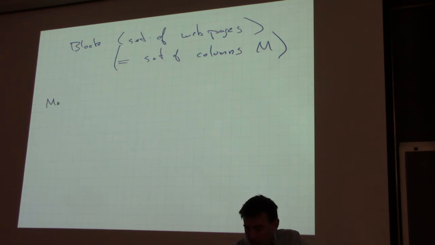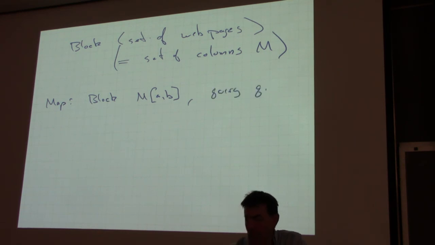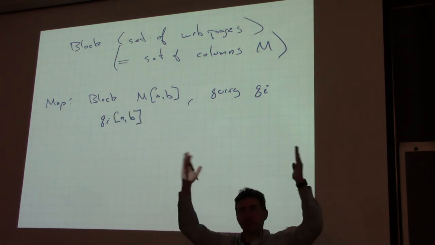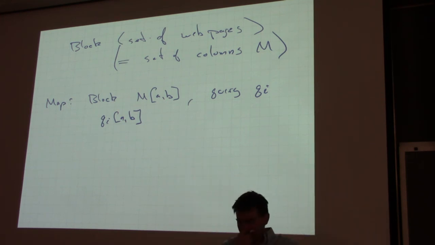So in map, I'm going to have a block which is going to have M from columns A to B, and I'm going to have the query described by the whole vector q_i. Okay, so first I restrict q_i to only the range from A to B. So only the web pages in the range from A to B that map onto the columns from A to B. And now I'm going to compute q_{i+1} and output this as well.